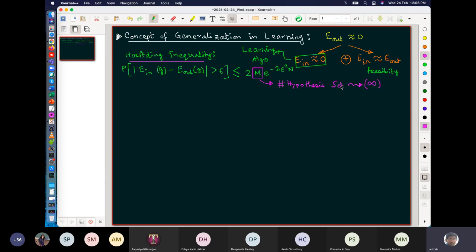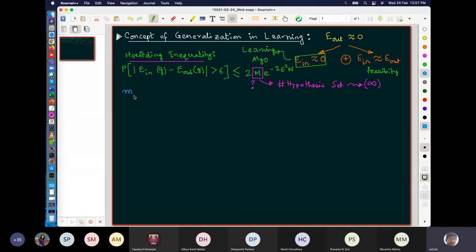and it could potentially be infinite as well. We have seen in a simple model like the perceptron that the hypothesis set is infinite because I could choose any weight in the continuous domain and make different hypotheses. So the quest for which quantity may replace this M brings us towards the notion of the growth function.